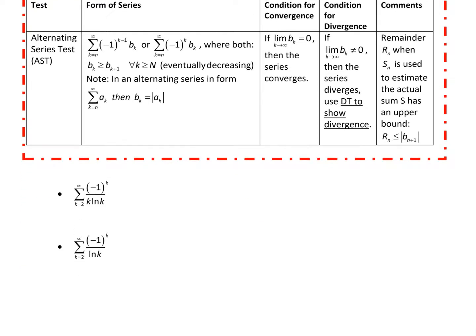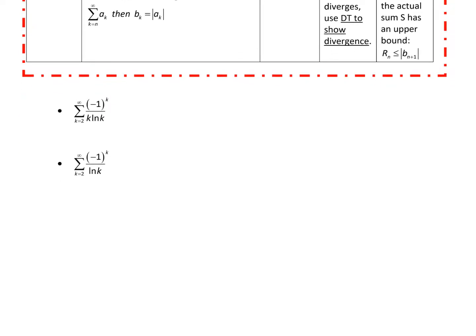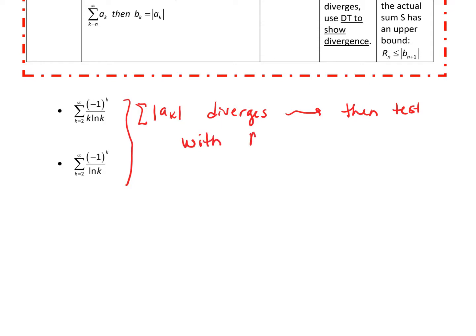So here are two examples. Both of these series, if we were to test their absolute value, the absolute value of these series diverges. So then we test with the alternating series test for conditional convergence.